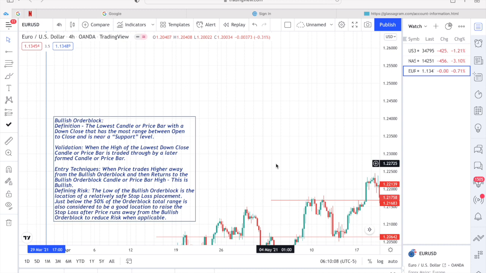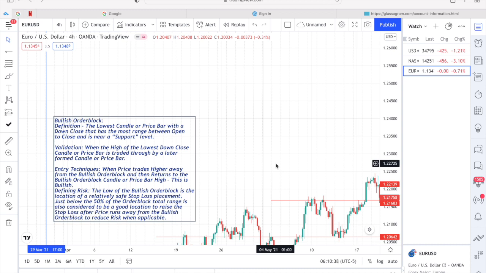For example, you might see a bullish order block in a bearish market. That will not work. I like to call it the negative order block. So you must always try to understand the direction of your market. When you know the direction of your market, then you understand how to use the order blocks.